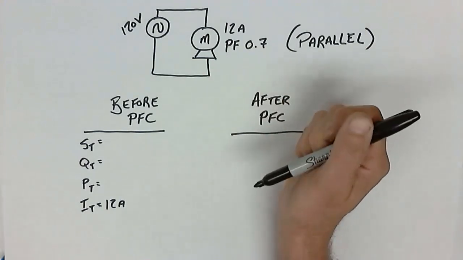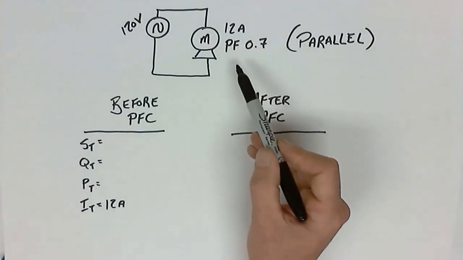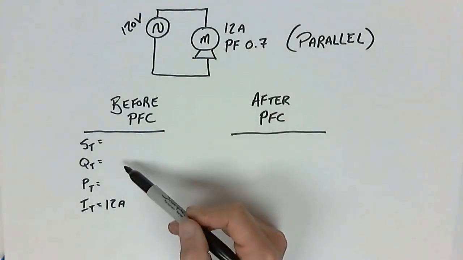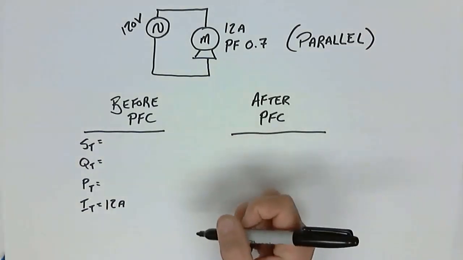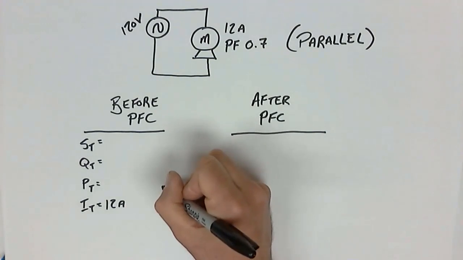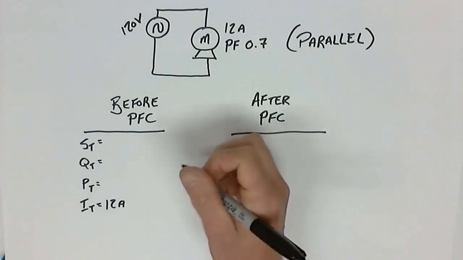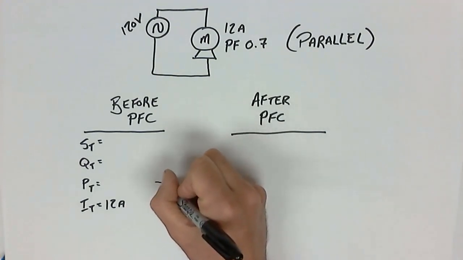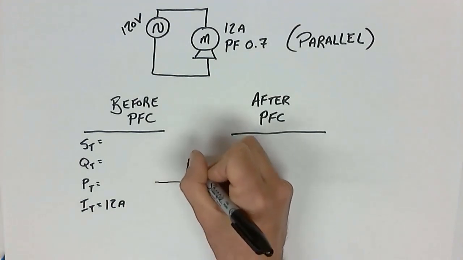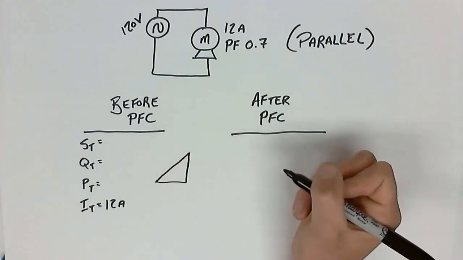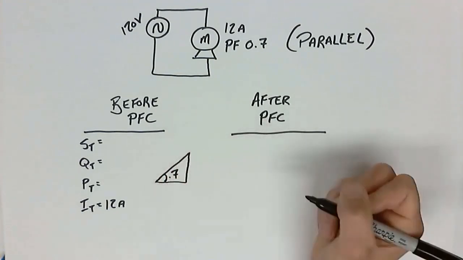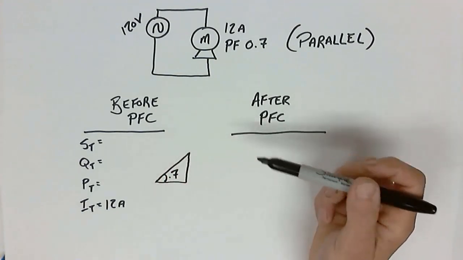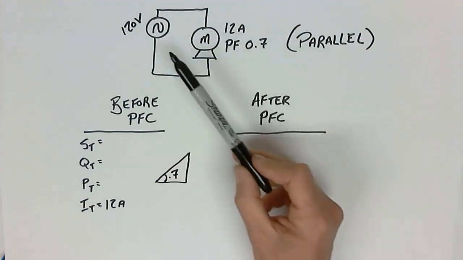It means we have to calculate the value of power, VARs, and VA as a series branch. And so what we end up with for a series branch is the triangle that looks like this, power factor of 0.7, and I can calculate some of these values very quickly.